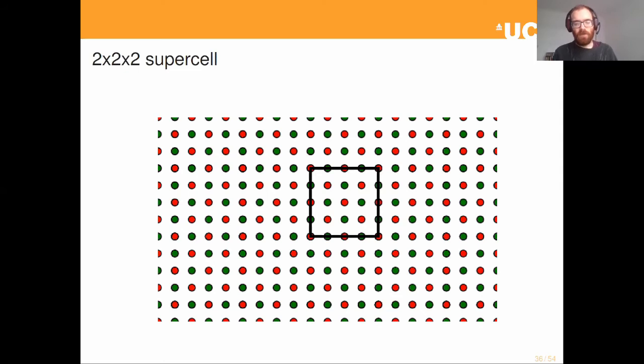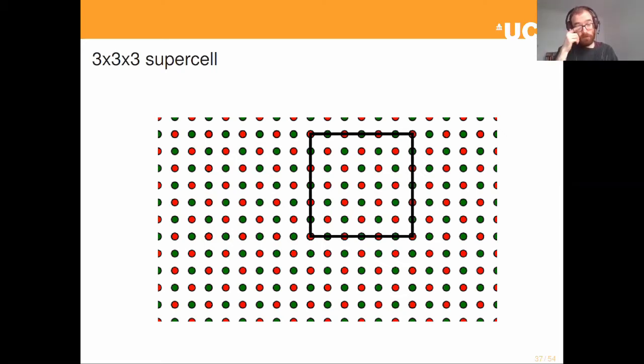So the simplest thing you can do is just to double the size of your box in each direction, and this will produce what's called a 2 by 2 supercell. This is in 3D. We just keep on going with this approach and make the real space cell that describes our system bigger and bigger.